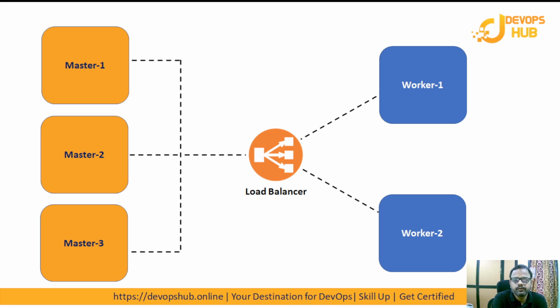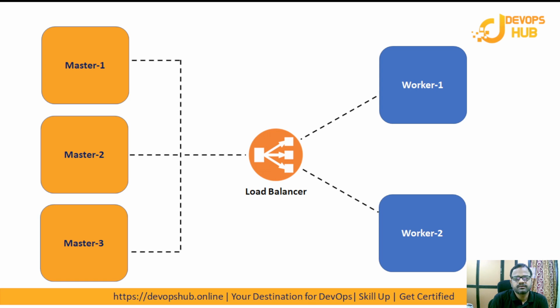It will do some load balancing, so whatever decisions the master node is going to take, like scheduling, deleting, querying, all these things will happen through a load balancer, right? And ultimately the workload is going to be scheduled on our worker nodes. It can be worker node 1 or 2 based on the decision taken by the master node, the control plane node, right?